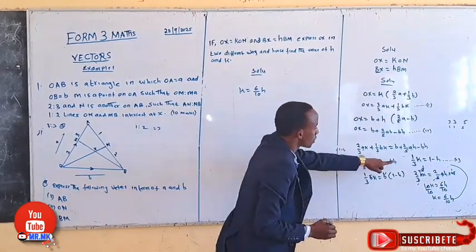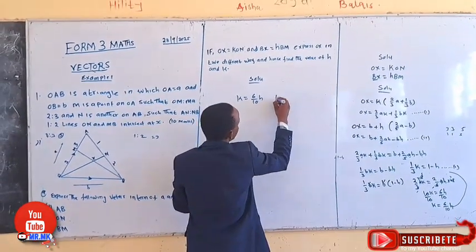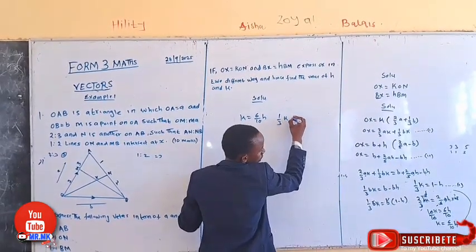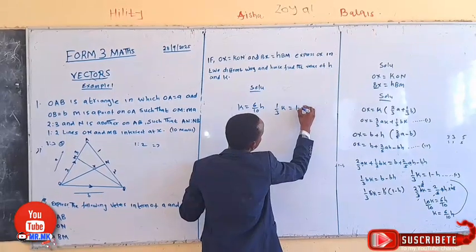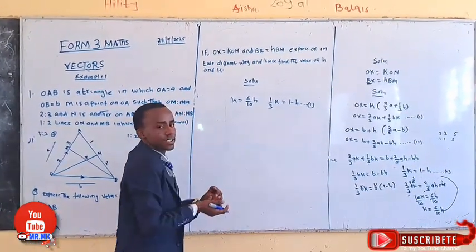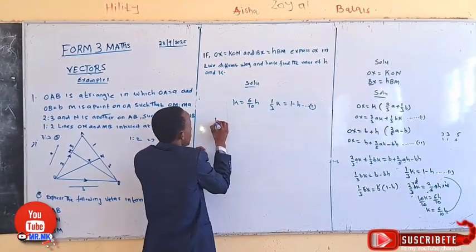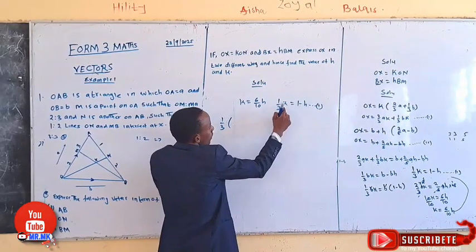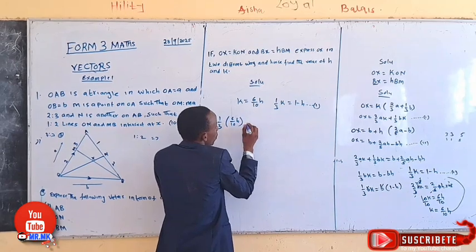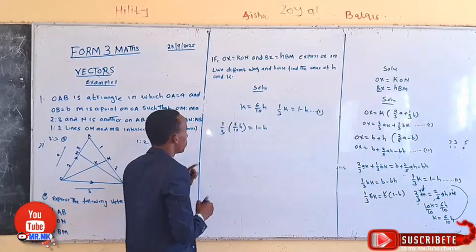I have to substitute it into the equation, a third k is equal to 1 minus h. Now I substitute the value for k by saying a third, 6 over 10 h, close the bracket, is equal to 1 minus h.